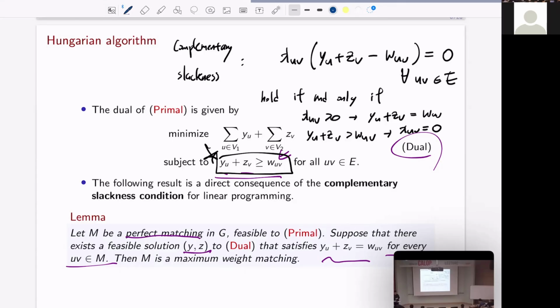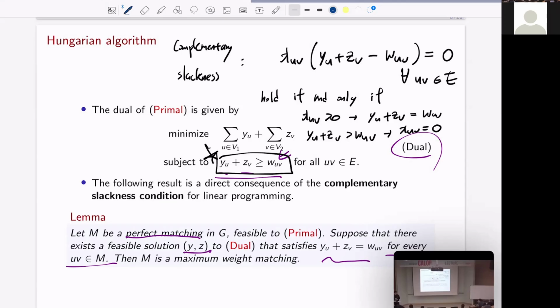So the question is, how do we do that? Perhaps constructing a perfect matching is harder than satisfying that equality. So instead, I'm going to use edges that satisfy that equality, adding one edge at a time, and at some point I'm going to create a perfect matching.